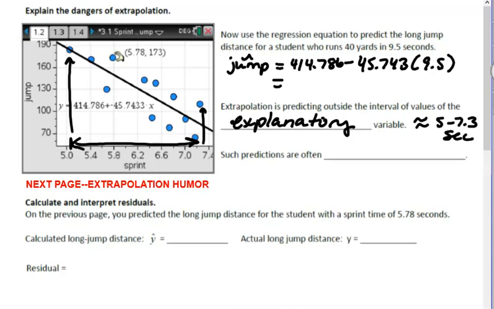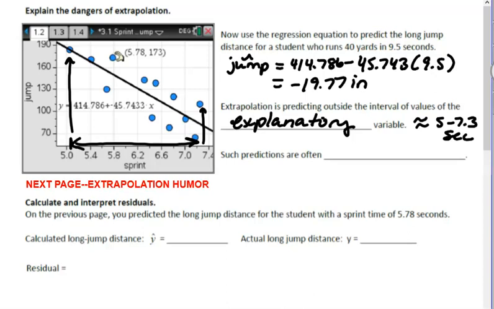Yeah, it actually turns out to be a negative number. Negative 19.77 inches. So this says basically if you run slowly enough, you'll jump backwards. No. Okay, so this is clearly ridiculous. This does not happen. Even the slowest, most unathletic person could manage to jump a little bit forward. They're not going to jump backwards.